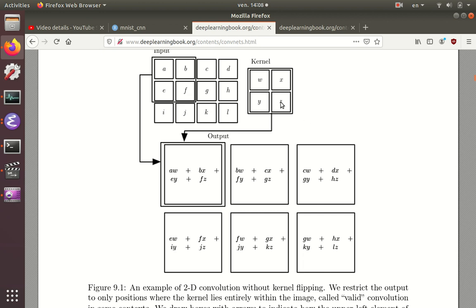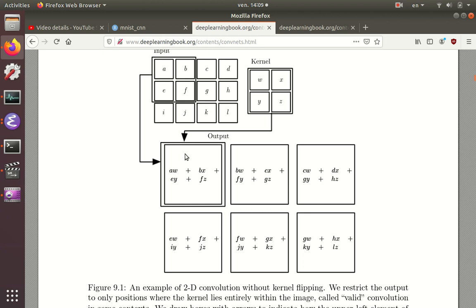So you basically just match up all of the entries in the kernel to the corresponding entries in the input, multiply all of those together, add them all up, and then you get the output unit that you would get here.